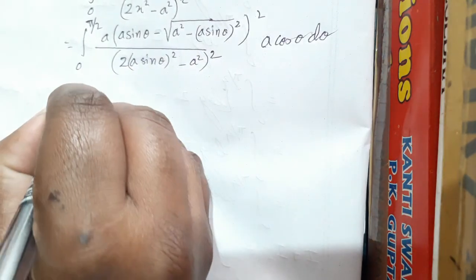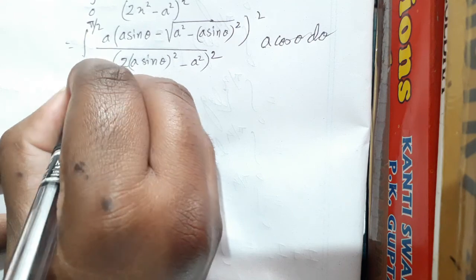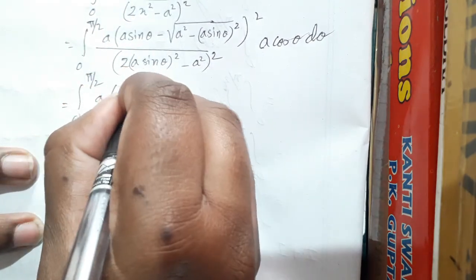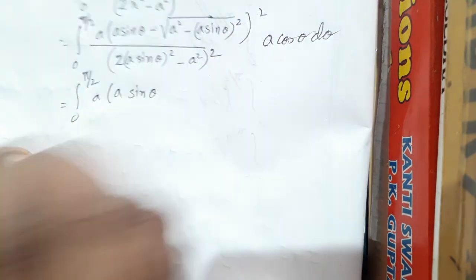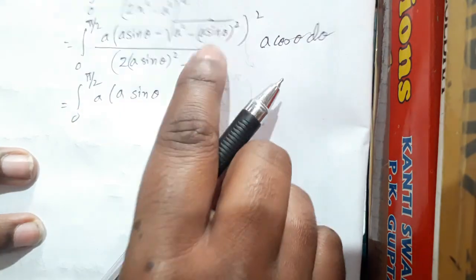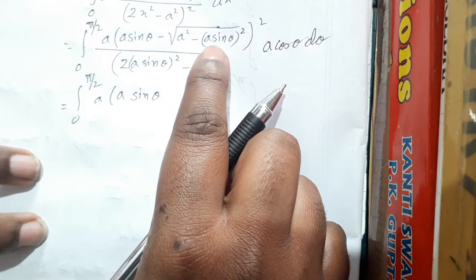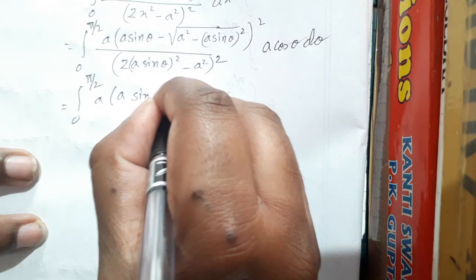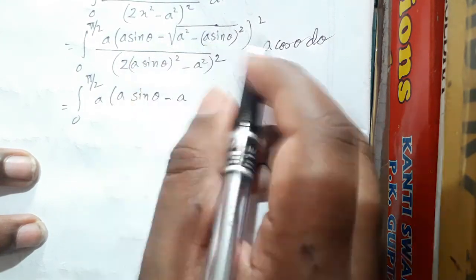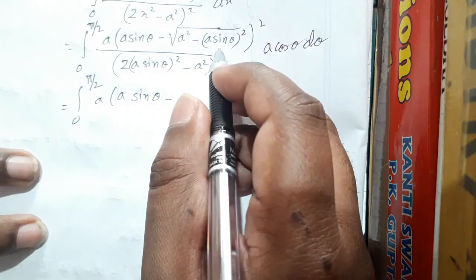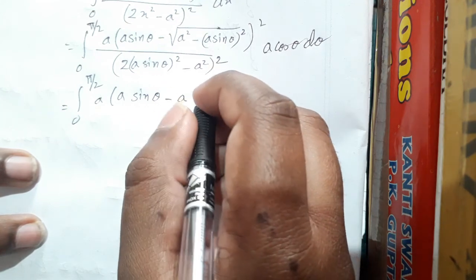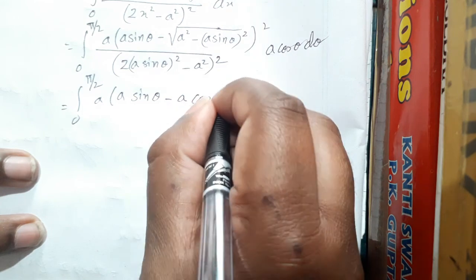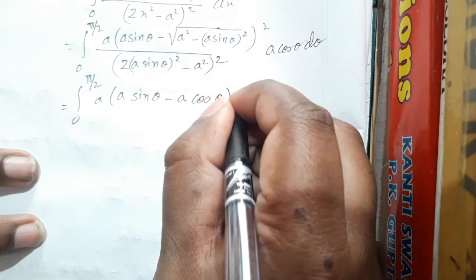So this is equal to the integral from 0 to pi by 2 of a sine theta minus, taking a square common, it comes out of the root: a times the root of 1 minus sine square theta. 1 minus sine square theta is cos square theta, so the square root is cos theta.